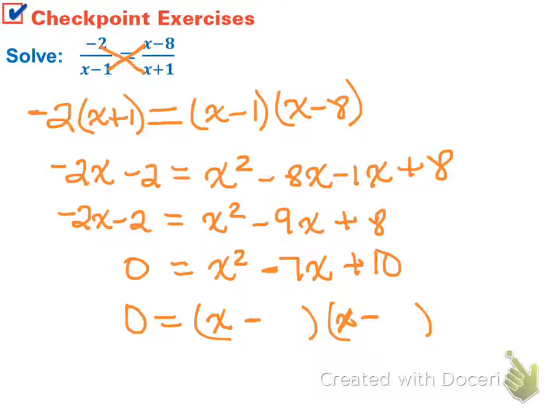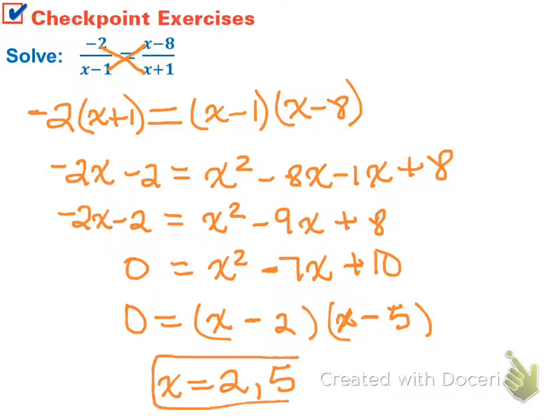You're going to multiply and get 10, add and get 7. The factors that will do that are 2 and 5. Use your zero product property to find that x is equal to 2 and 5. Remember to check those back into your original expression and make sure that neither one of those will give you 0 in the denominator.